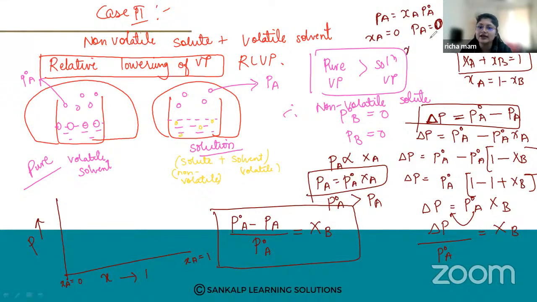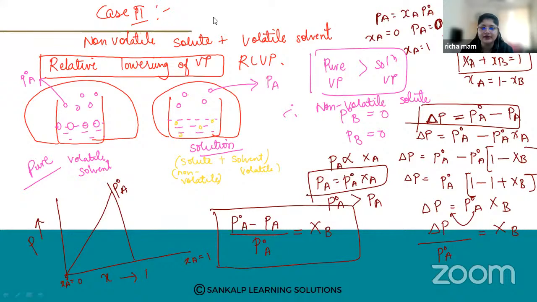And at psi A equal to 1, PA will be equal to P naught of A. So it will be a straight line, where P naught of A is the end point. Whenever you have a non-volatile solute and volatile solvent, this is the graph for your Raoult's law. Is it clear up to here?